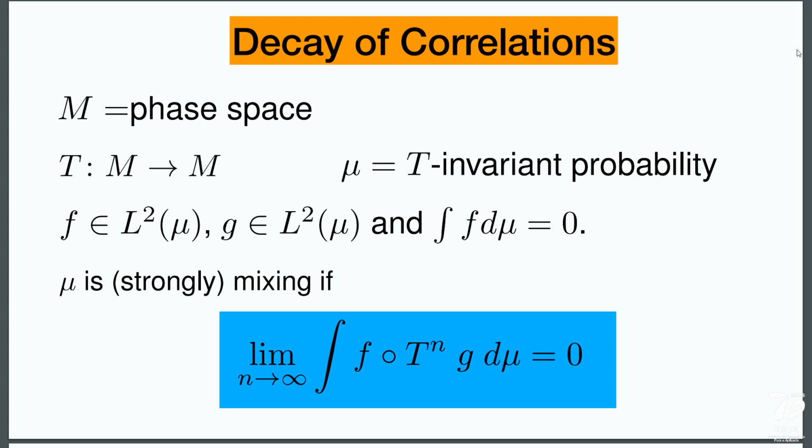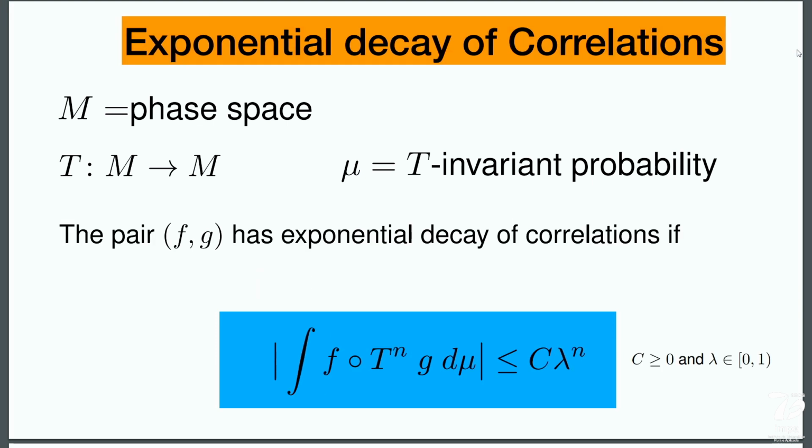Suppose that it is strongly mixing, and I want something additional: I want exponential decay of correlations. This is the best you can usually get in dynamical systems. Like the expanding map of the circle has exponential decay of correlations, an Anosov map has exponential decay of correlations, and so forth.